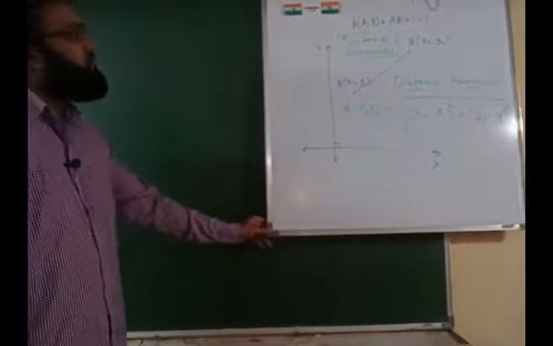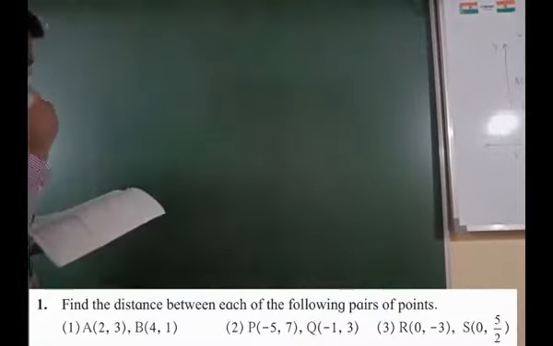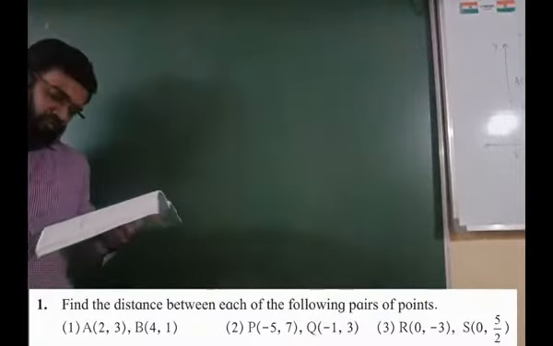Okay, so this was the basic distance formula. We'll solve some simple questions based on that. So the first question in the practice set, let's take that quickly. 5.1. The first question is: find the distance between each of the following pairs of points.